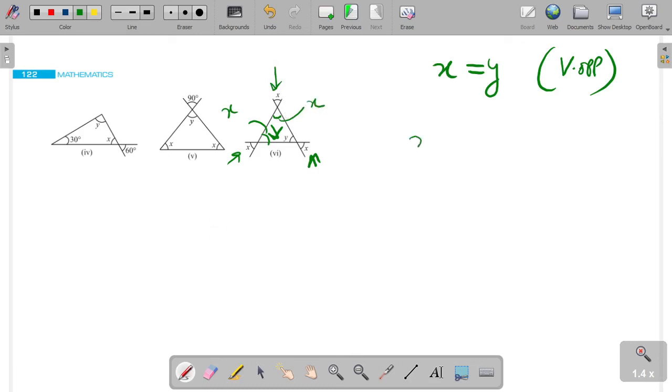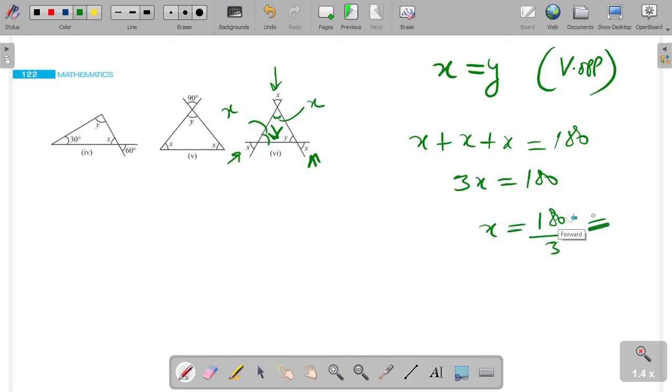So we say x plus x plus x equals 180, or 3x equals 180, or x equals 180 upon 3, that is 60 degree. x equals 60 degree.